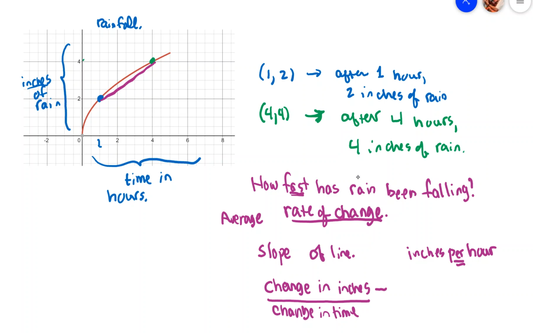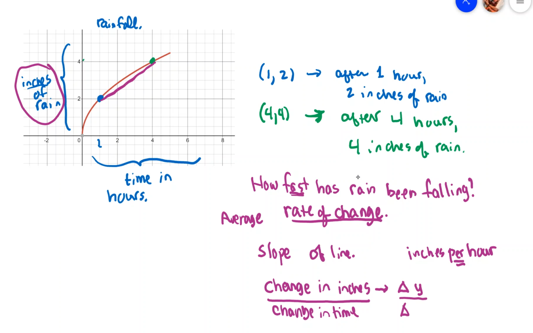So this tells me that I need to know how much my inches of rain have changed. Well, my inches are my y value on this graph. So I have to put the change in y. I'm going to put a little delta there to indicate change, because my y-axis is inches.